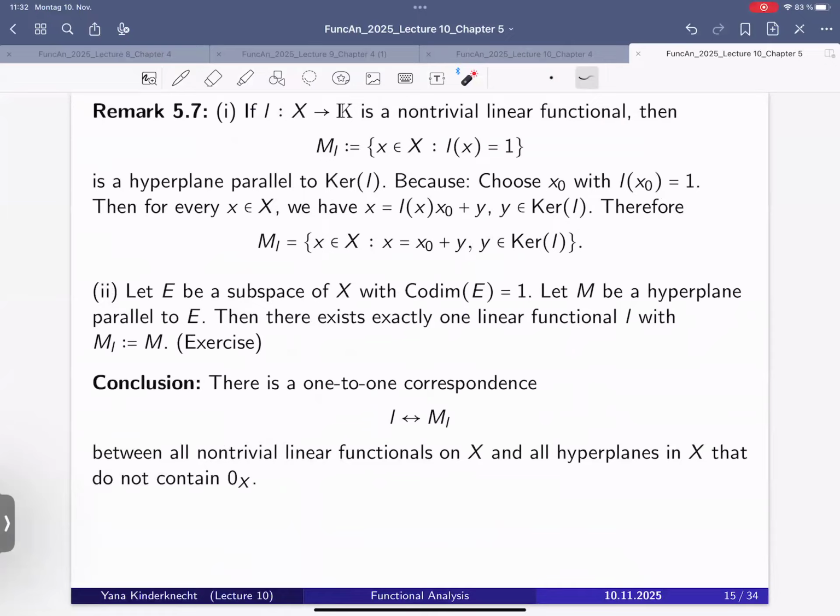Thank you very much. So we have a projection, for every linear functional we have ML, yes? But can we assure that for each one we have built, maybe we can have a different x0 for this representation.